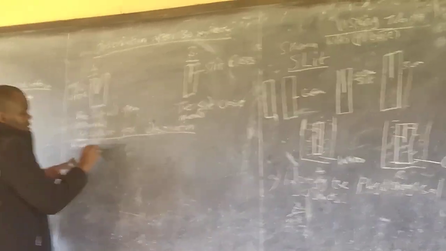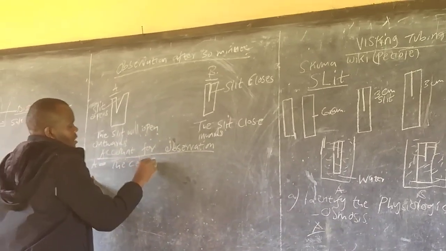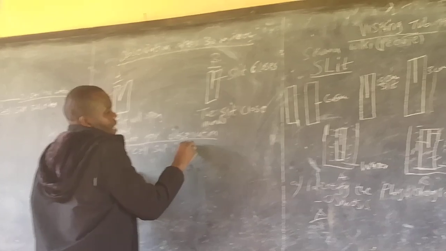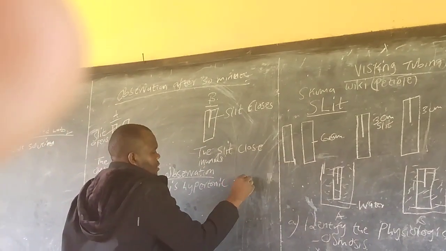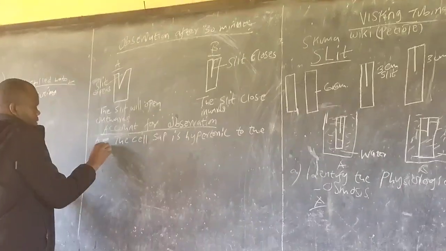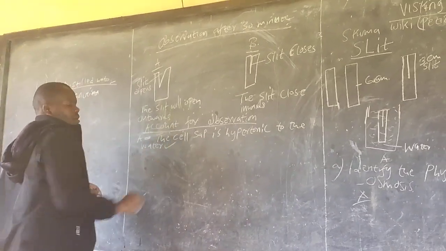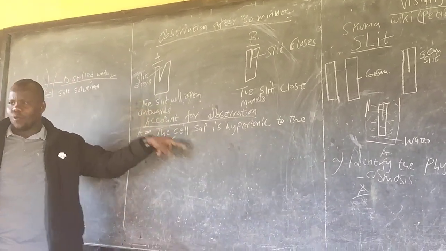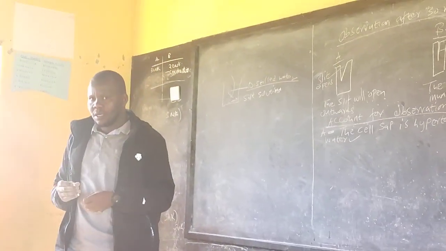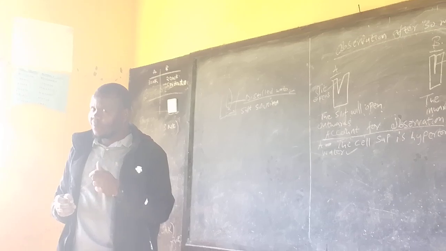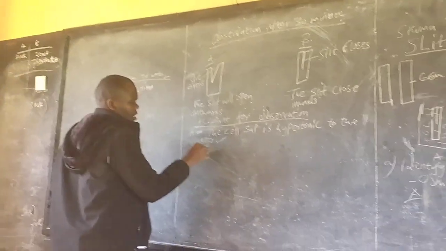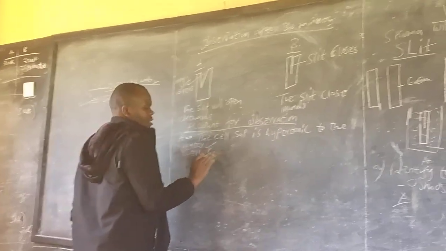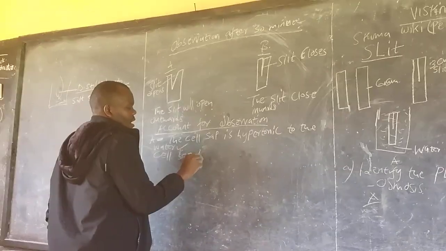The cell shape is hypertonic to the water. That is your first one. If you understood how we were explaining, what was the second one? The inner cell gained water. No, that solution being hypertonic, it will do what? So the cell shape being hypertonic will do what?